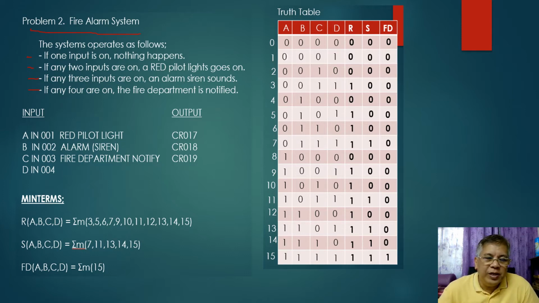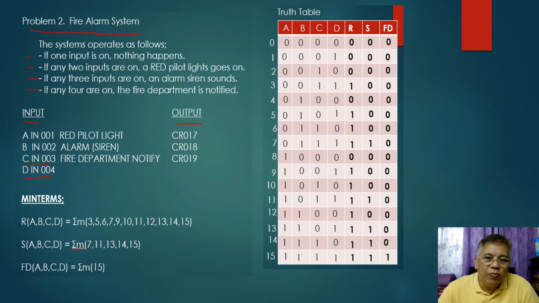Now, from the problem, it also stipulates the inputs and the outputs of your alarm system. For input A, we have input 001, input B, we have input 002, input C, we have input 003, and input D, we have 004.